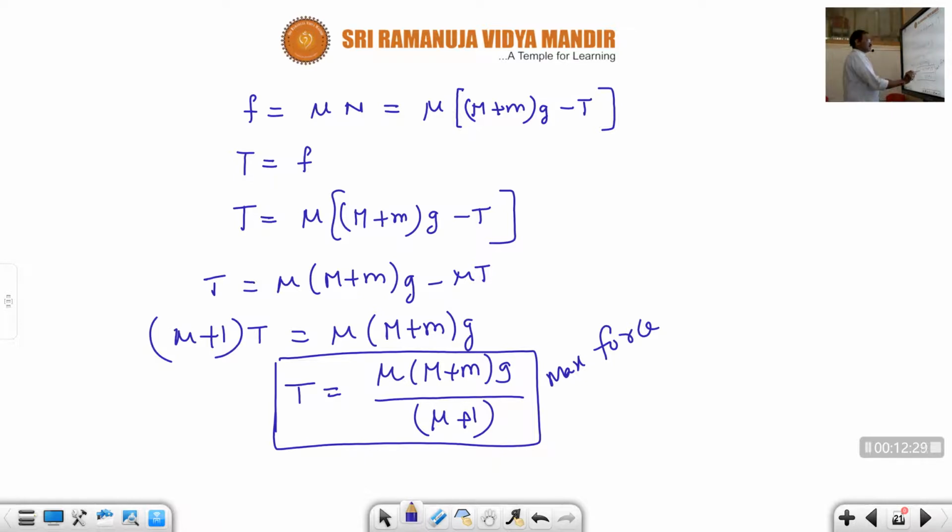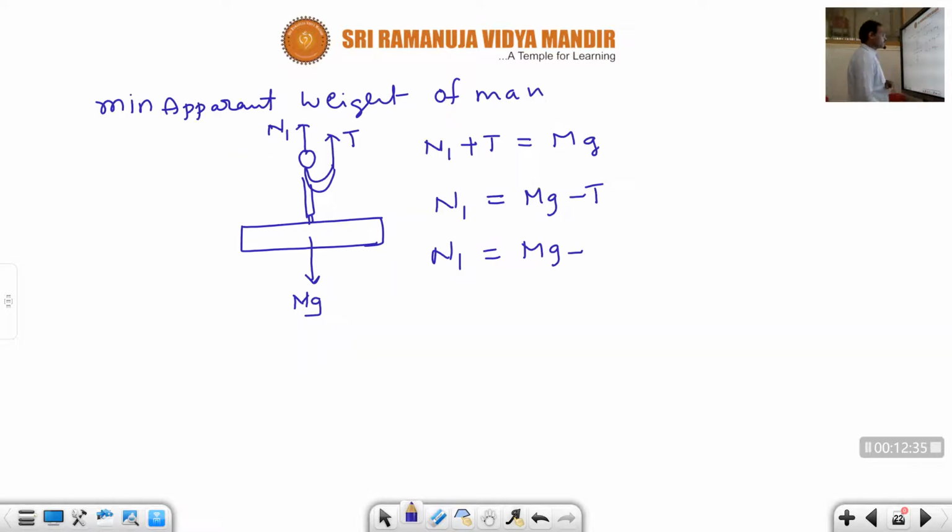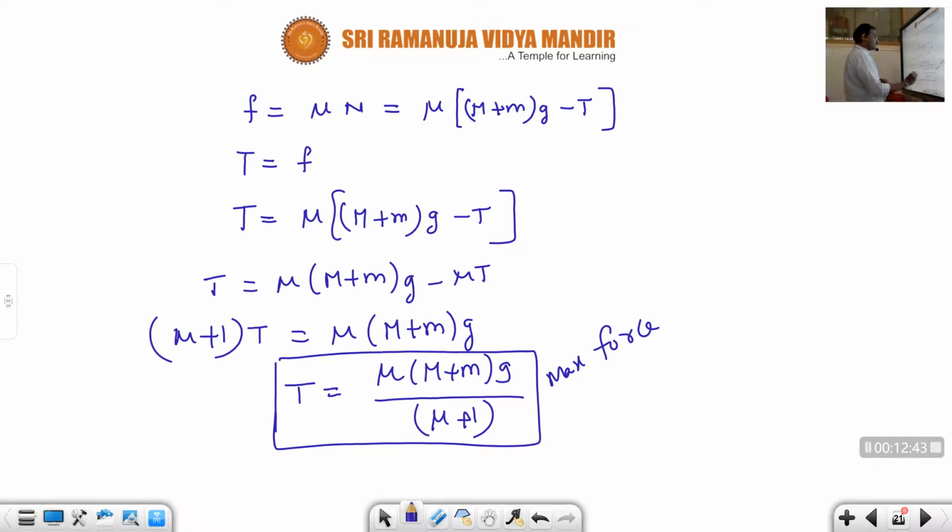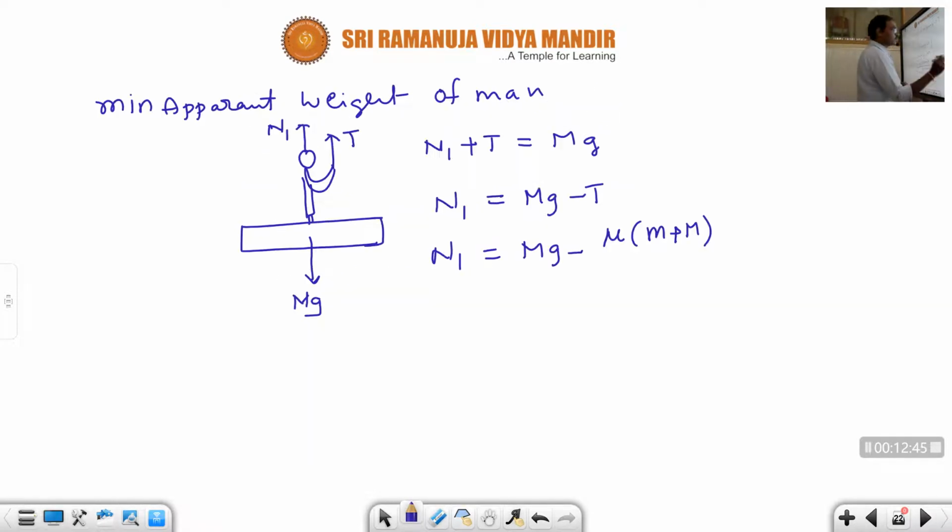Here, if you consider the value of the tension we got, T is equal to mu of (m plus M) into g by (mu plus 1). You can substitute the value of the tension, mu of (small m plus capital M) into g by (mu plus 1).